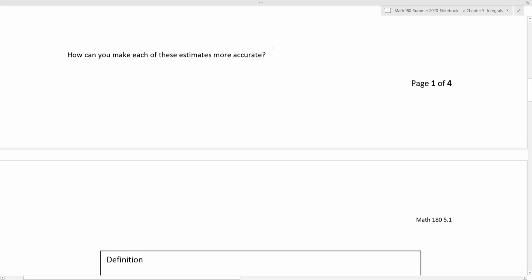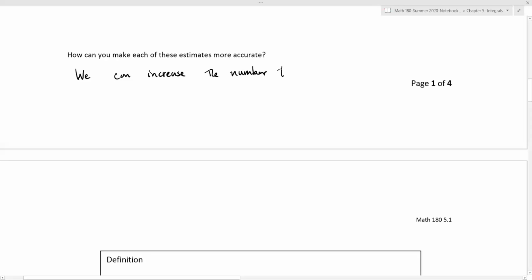So how are we going to make each of these estimates more accurate? This is going to become a big piece of this: we can increase the number of rectangles. If we increase the number of rectangles, we shed off more and more of the inaccurate parts, so there's less and less error.